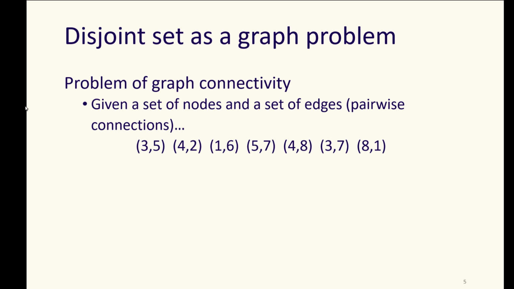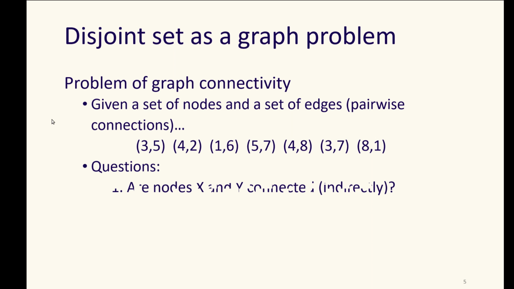We can view a disjoint set like a graph problem, where we were trying to see if two nodes are connected in a graph. So if we had a set of nodes and a set of edges, which are represented as pairwise connections from node 3 to node 5, from node 4 to node 2, and so on, then we could ask some questions about those. If I have X and Y, are they connected? Can I step from X to somewhere to somewhere to somewhere and get to Y?